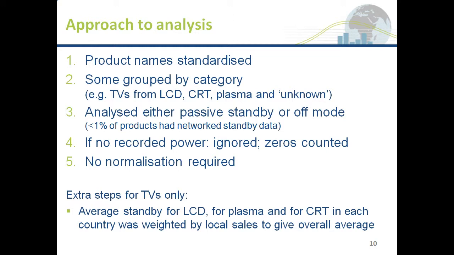So for LCD, for plasma and for CRT, for each country we calculated an average for each screen technology and then sales weighted to provide a total average standby power for that country or region. So this was a quasi sales weighting in order to give more robust averages for each country regarding televisions.